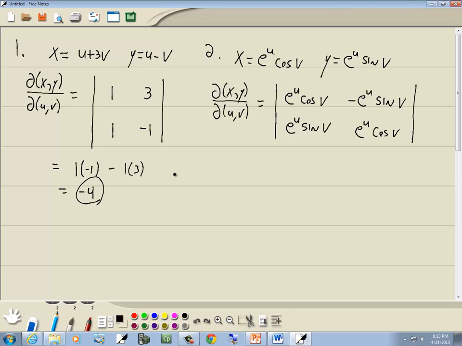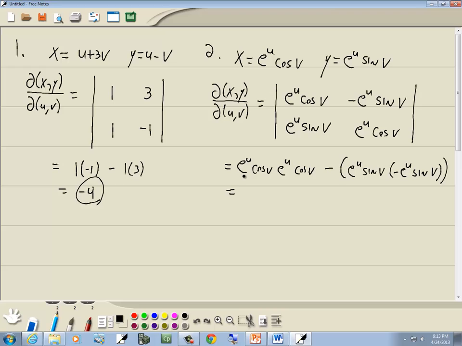So now, to find this determinant, we're going to take e to the u cosine v times e to the u cosine v, minus e to the u sine v times negative e to the u sine v.